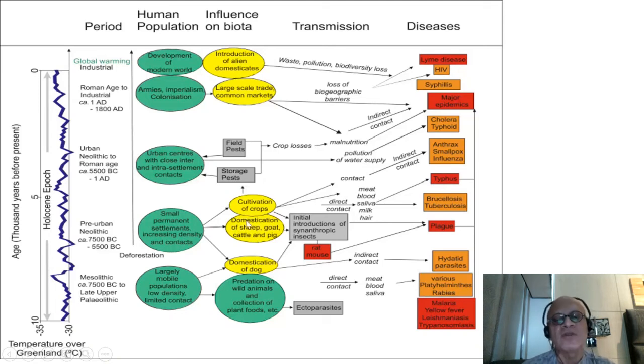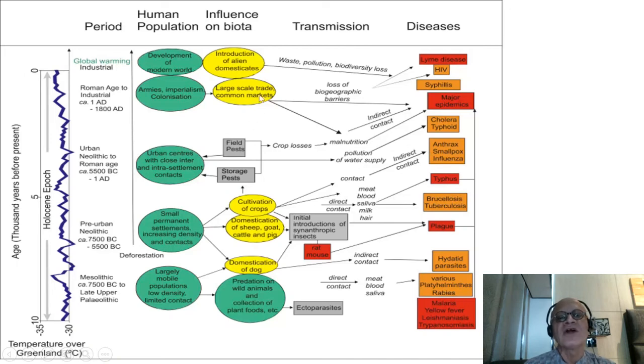We already talked about things like TB and other diseases that humans inherited, plus the change from a predominantly protein-based diet during the predation on wild animals to agricultural carbohydrate-heavy diet also led to various things like diabetes and other things.